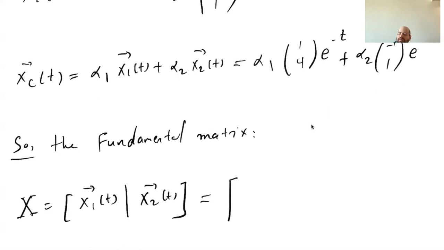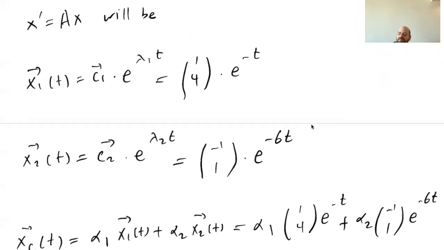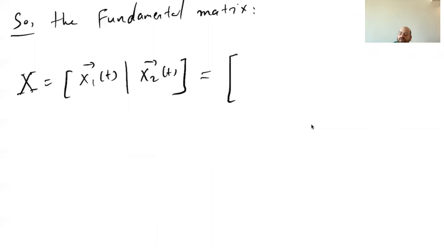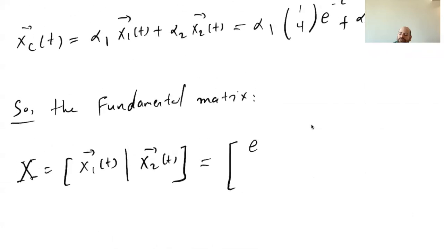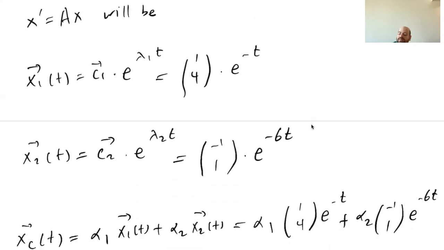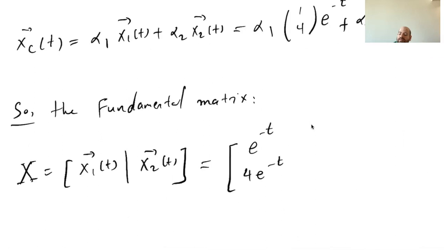What is x1 of t here? If I multiply e to the power minus t into this vector, I'll get e to the power minus t and 4 e to the power minus t. And then the second column will be x2 of t, which is minus e to the power minus 6t and e to the power minus 6t.